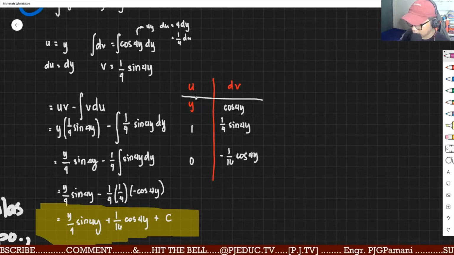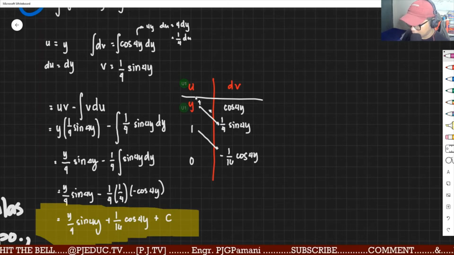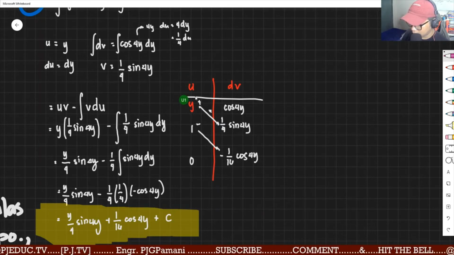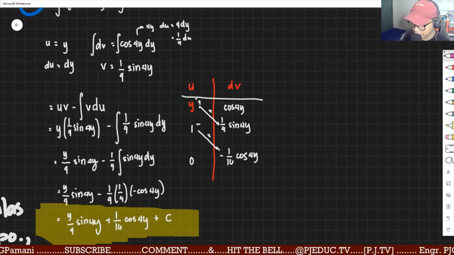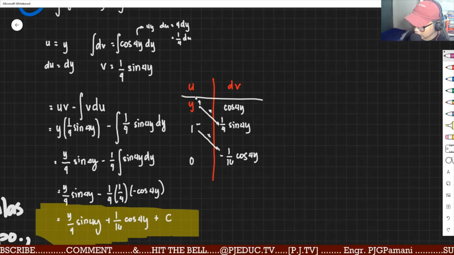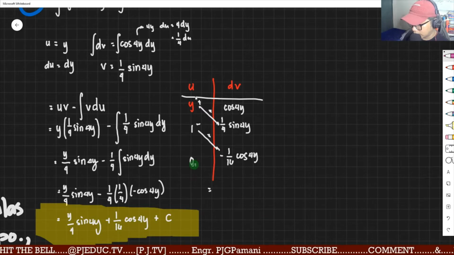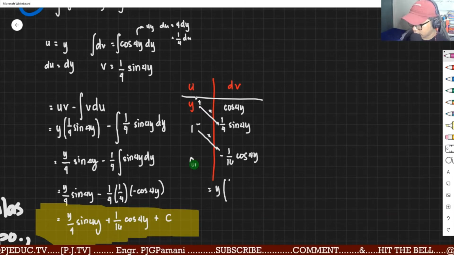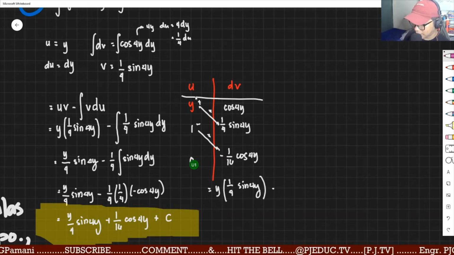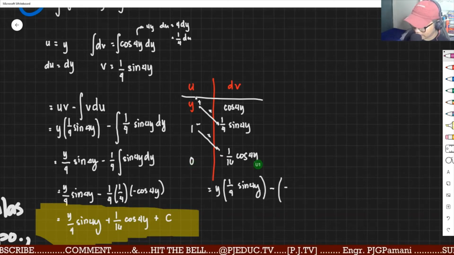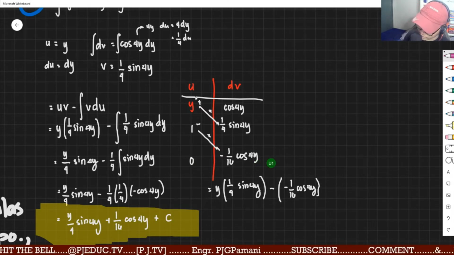So with that, positive and multiply. Then subtract it here and multiply. Lang yan. Okay? So that is now y times 1/4 sine 4y minus negative 1/16 cosine 4y plus c.